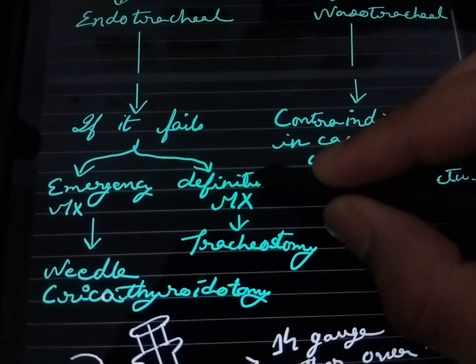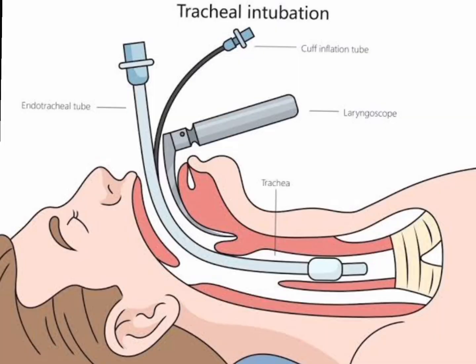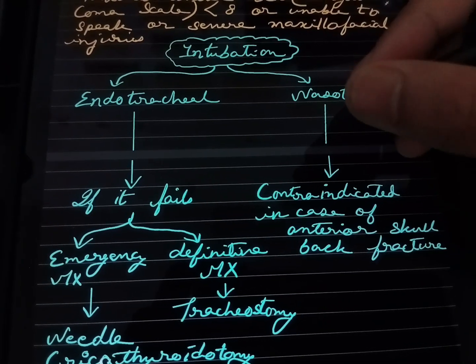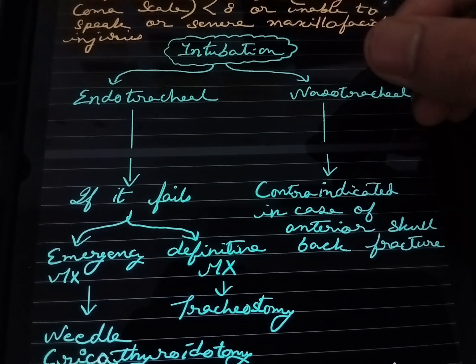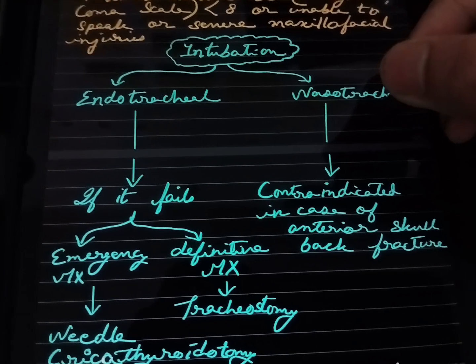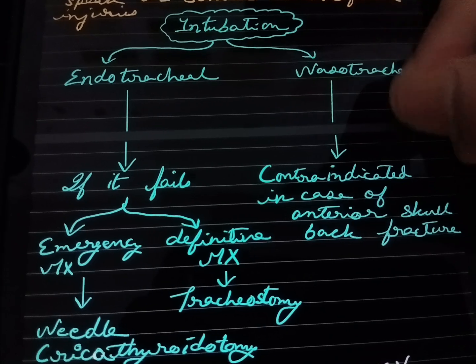In endotracheal intubation, first the position of the patient should be head tilt chin lift maneuver, and with the help of a laryngoscope, first we inflate the cuff, and then the endotracheal tube is inserted, and at the end of the tube a high flow oxygen source is connected to provide oxygen. But remember, the entire procedure should be done within 30 seconds.